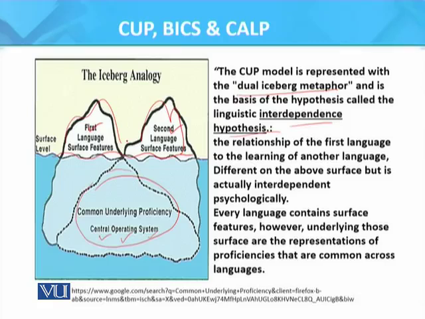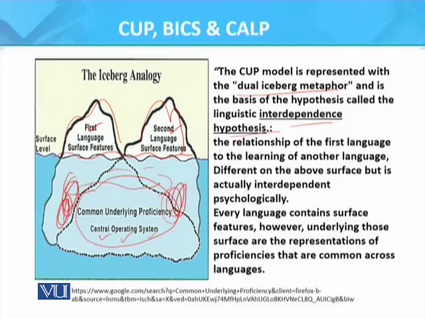The structure and features of the first language are distinctively represented, and the structure and features of the second language are distinctively represented. But underneath, there is this common underlying proficiency, which means the relationship or interdependency of the two language frameworks, which enables the learner to develop the second language.